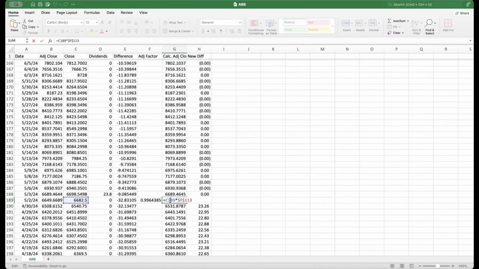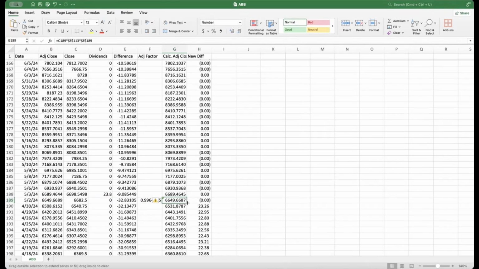Now, along with this adjustment that was already there, you would also add this adjustment. So let me freeze that. And that's when your calculated adjusted close will be very close to the adjusted close price.